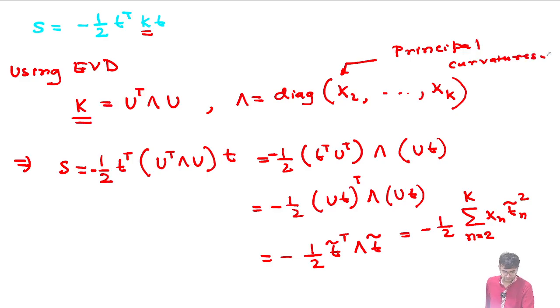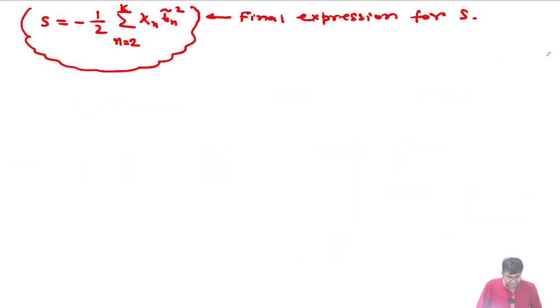Okay, so this is the final expression for S. But S we don't care about. S has information of kappa, very good. But what is S? Why do I care about S? I do not. In reliability I care about probability of failure or reliability index, mostly probability of failure.